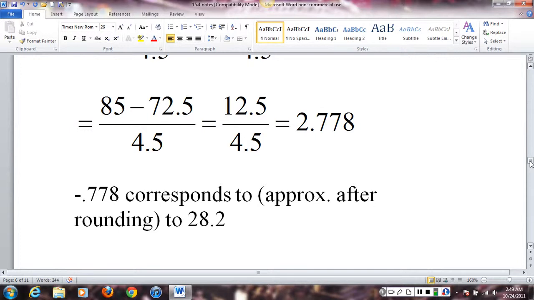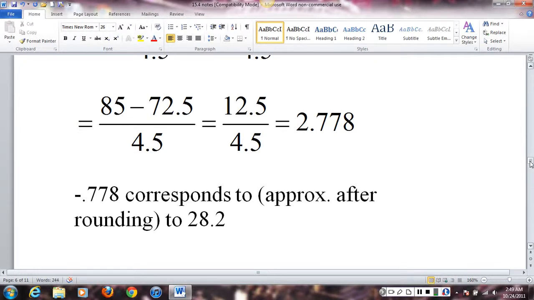Now it says here I round to 0.78. And remember, with this chart, whether it's negative or positive, you go by the positive value. It's the same either way. So what this means is, between this z-score and the mean is 28.2% of the data.